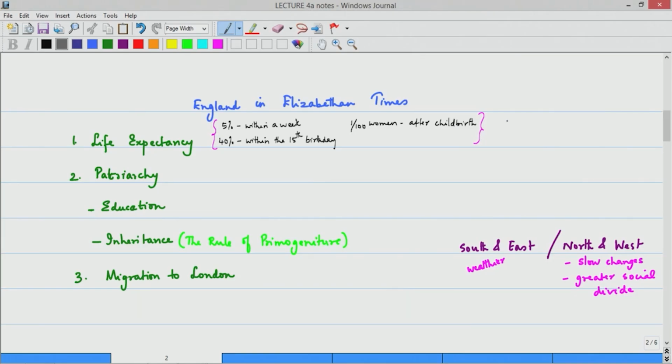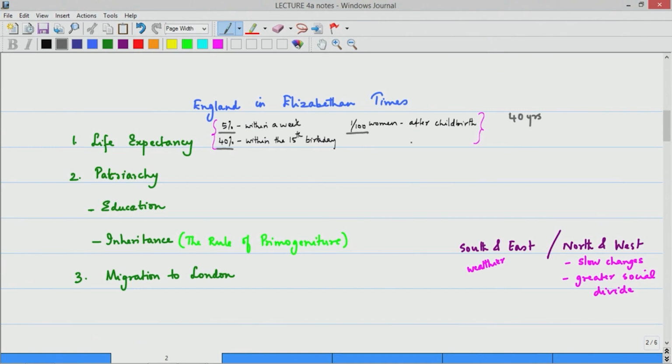In fact, the life expectancy was barely 40 years during the time, and historians, from a lot of records they have unearthed, generally assume that 5% of the children died within a week, 40% were just lucky if they made it to their 15th birthday, and 1 in every 100 women lost their lives after childbirth. So, the general health conditions were not so promising, especially among the common people. There were a lot of challenges even to keep themselves alive during this period.